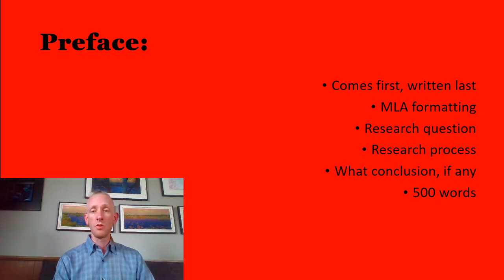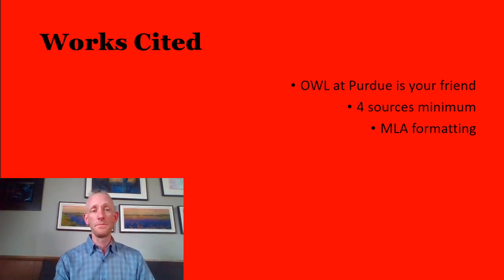If you're able to get through your research question, your research process, and what conclusion, if any, you came to, and you find yourself still short of that 500 word-ish requirement for the preface, you can also start to detail your creation process for your genres. Take me through how you chose the genres that you did, what stylistic choices you were considering, and that sort of thing. And you should find yourself at 500 words very soon.